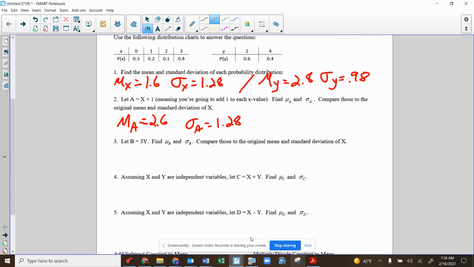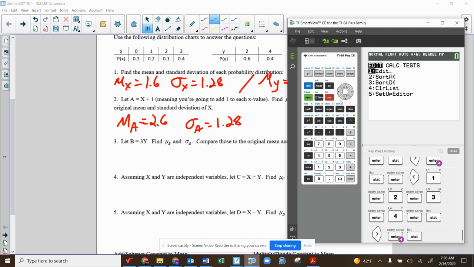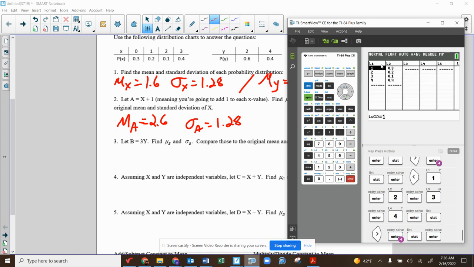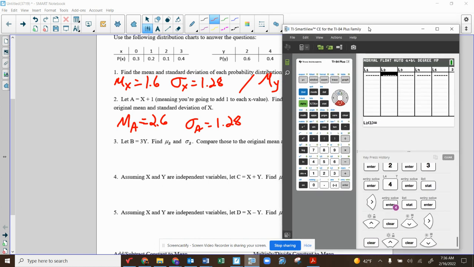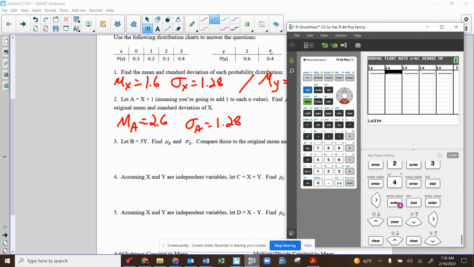Okay, what if I multiply by a number? I need to change these here. When we did the y stuff, the mean was 2.8 and the standard deviation was 0.98. Those were originally 2 and 4. Let's multiply them by 3.